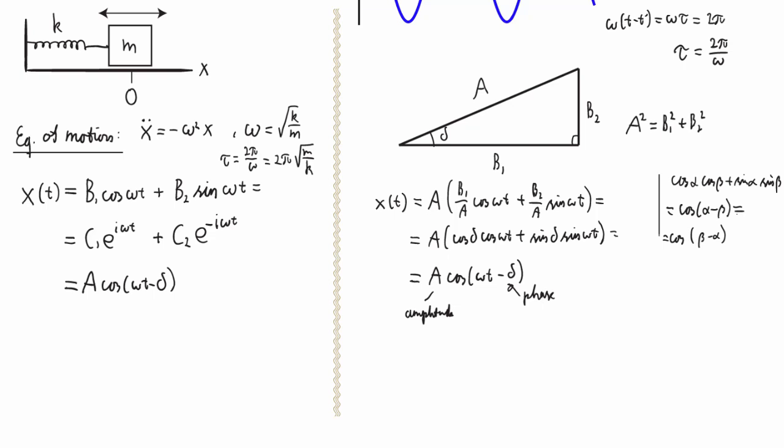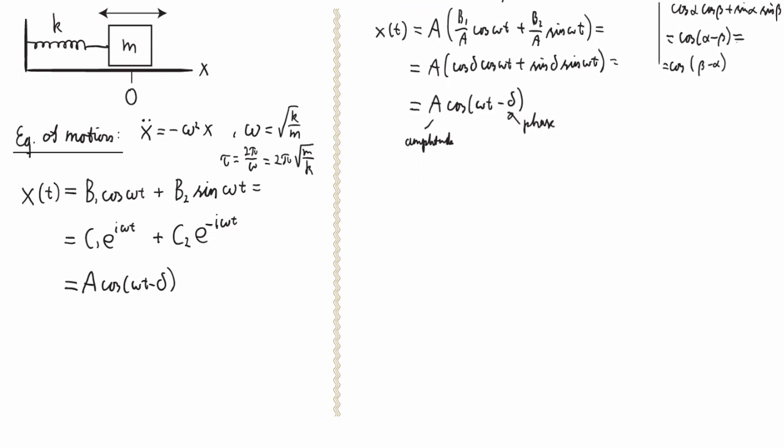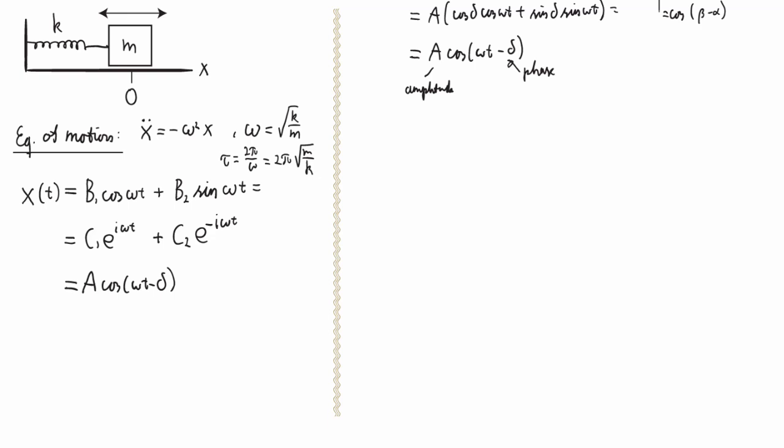So we're going to next look at the solution as a sum of exponentials. So what we have then is that x of t, as you well know, equals c1 times e to the i omega t plus c2 times e to the minus i omega t. Now these exponentials can be written as a sum of a cosine and a sine.